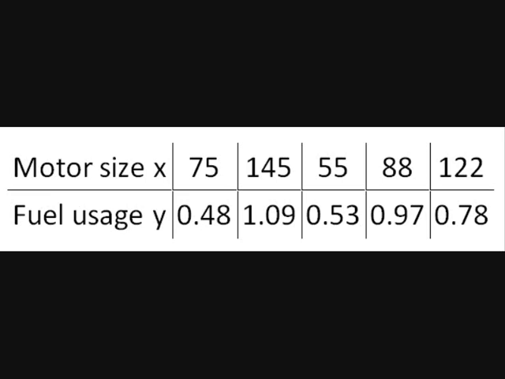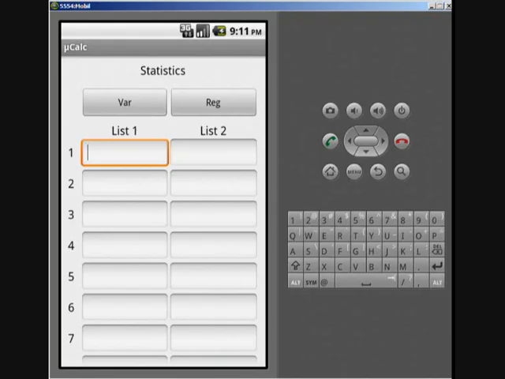For the motor that has the size of 75, it uses 0.48 fuel. 145 uses 1.09, 55 uses 0.53, 88 uses 0.97, 122 uses 0.78. So that's our x and y lists, and we're going to fill it into the statistics and then look at some variables and a regression line for this.